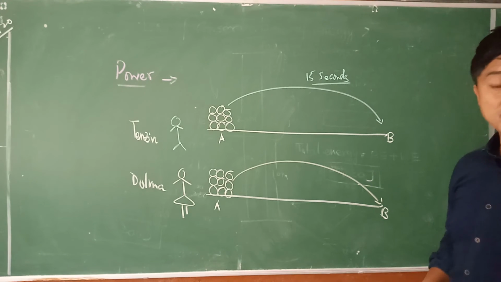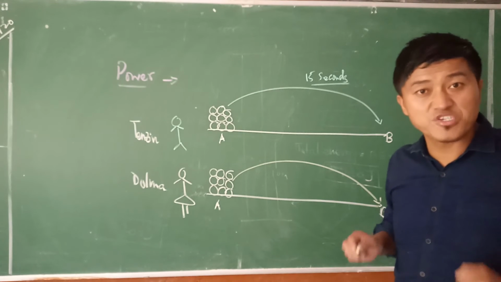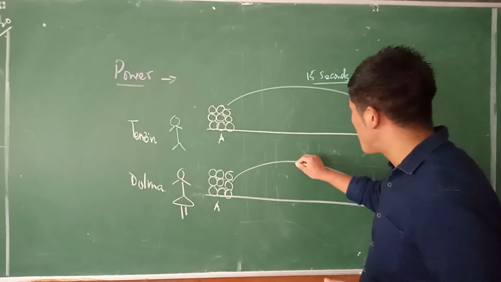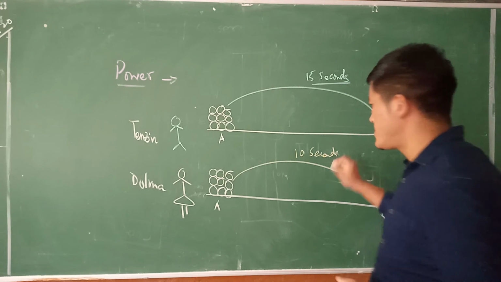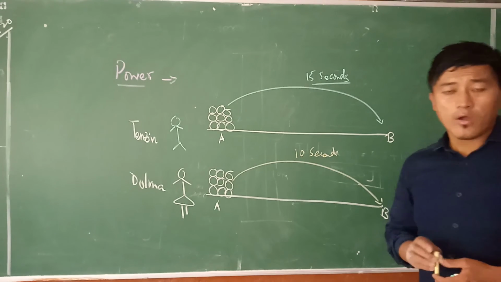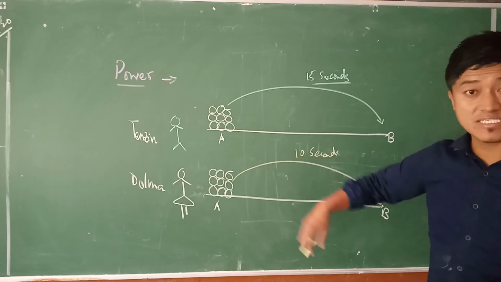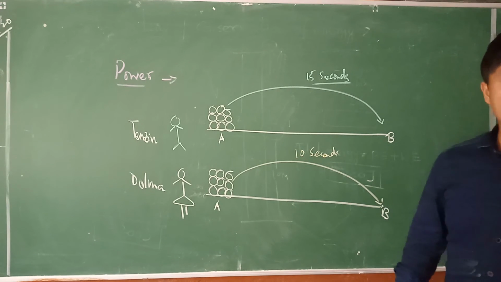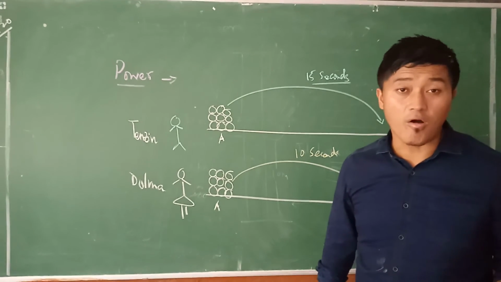But surprisingly, Dolma is a very energetic woman, and she finished her work in 10 seconds. So when we see the amount of time within which they have done the similar kind of work, we will naturally say that Dolma has more power to do the work.